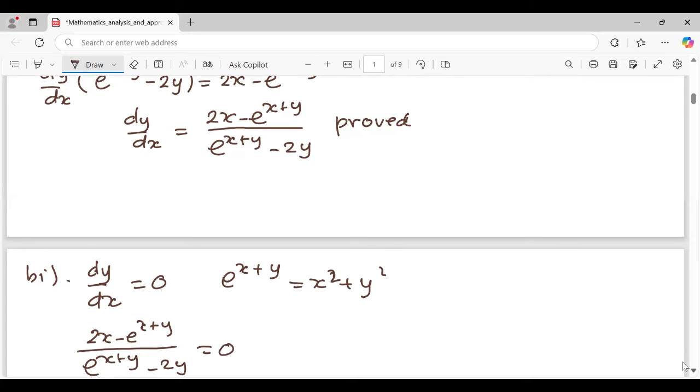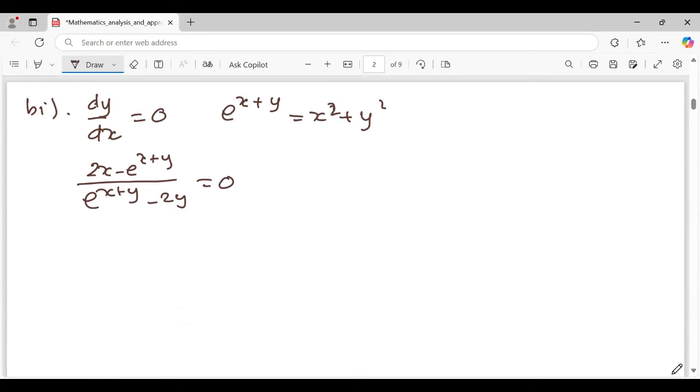So 0 multiplied by this denominator gives 2x minus e^(x+y) equals 0, or e^(x+y) equals 2x.